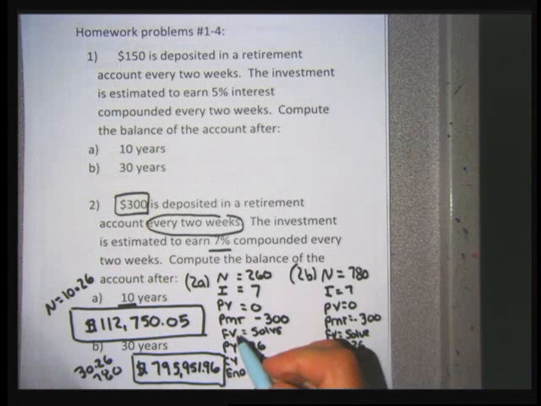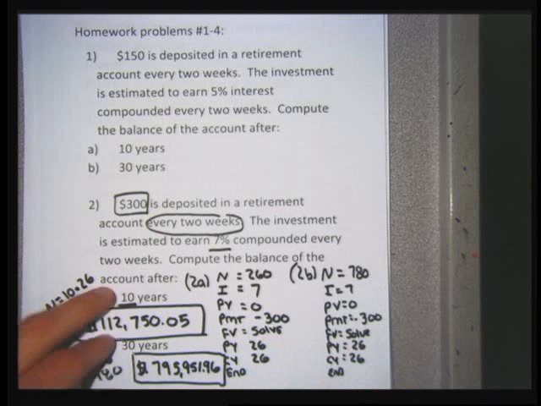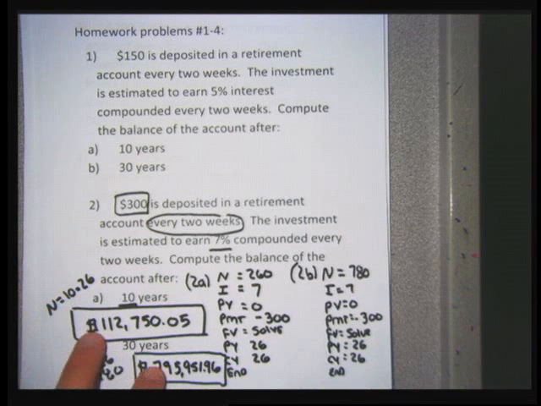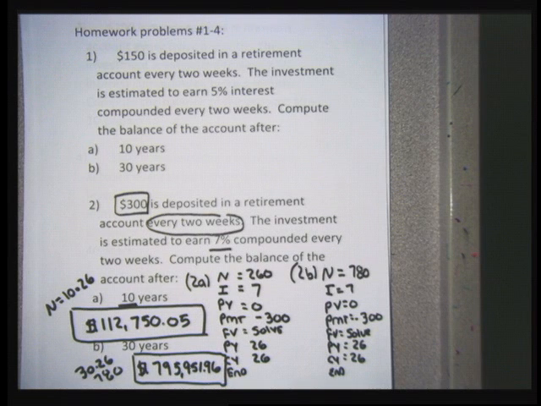So 3 times the length of time, from 10 years to 30 years, that's almost 6 times the amount of money. So if you start saving when you're 25 or 35, as opposed to when you're 45 or 55, you're going to wind up with just a boatload more money, because compounding just works that way.